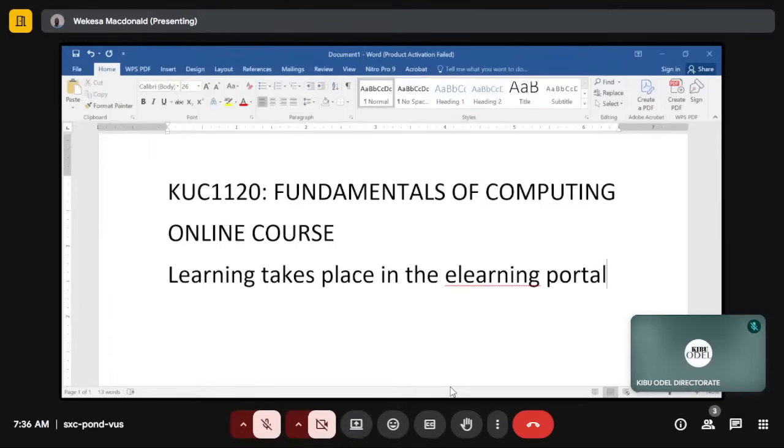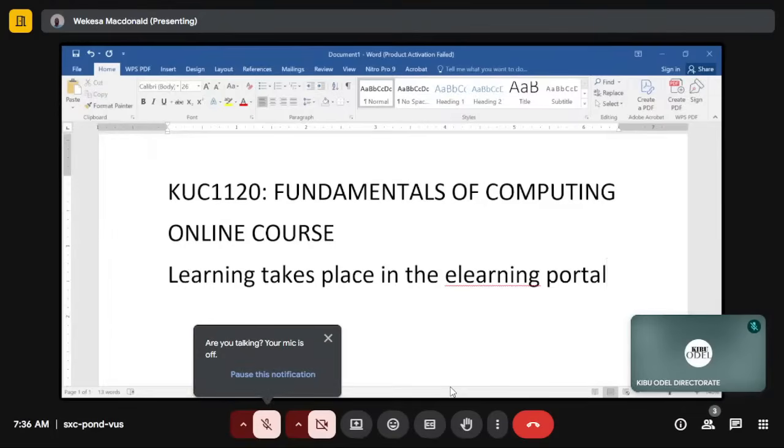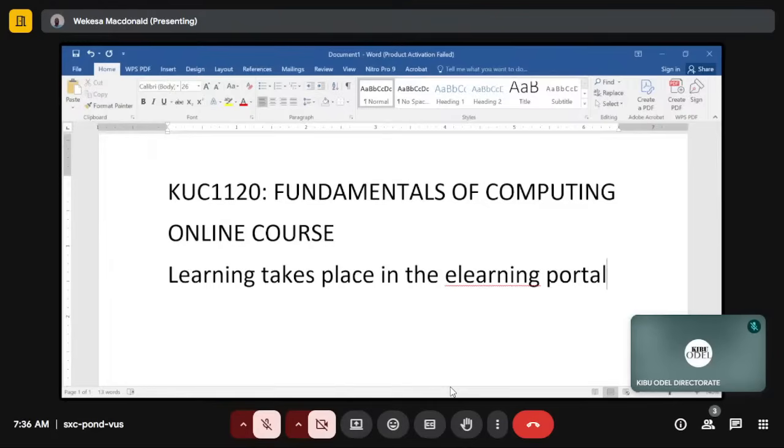We want to start by reflecting on what we covered some time back: lesson one and lesson two. As the lecturer comes in, we shall be able to start lesson three, and also plan for a CAT, a continuous assessment test.